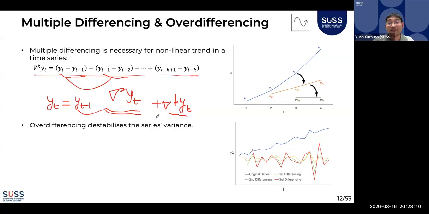So yes, using differencing can detrend the original time series.